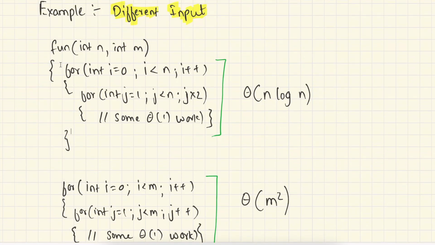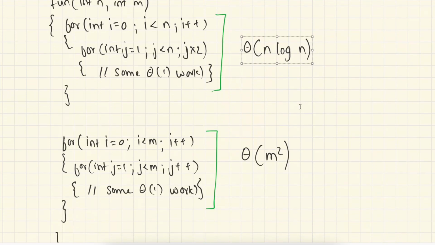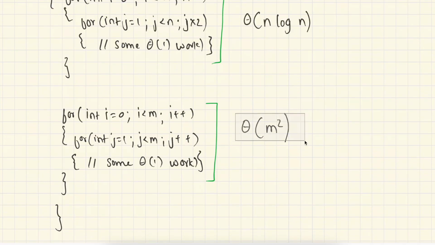If I talk about this loop, the order of growth of this loop is going to be theta of n log n, because for each i from 0 to n, we are running the inner loop with j doubling up to n. That's why the order of growth of this loop is n log n. And if we talk about this loop, the order of growth is going to be theta m square.